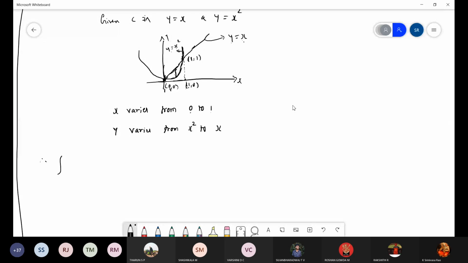Therefore, the line integral over C. Now take the question. What is our question?